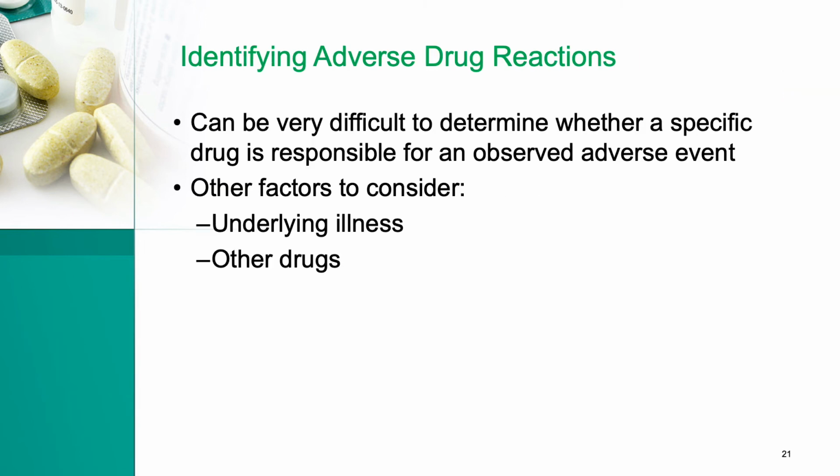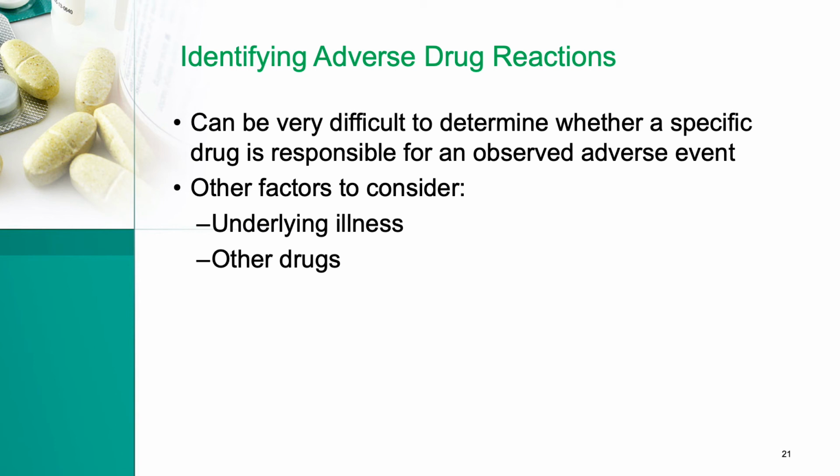It can be very difficult to determine whether a specific drug is responsible for an observed adverse event. Other factors must be considered, such as underlying illness or other drugs. It can be hard to determine if an individual drug caused a reaction in the complicated patient receiving multiple medications.